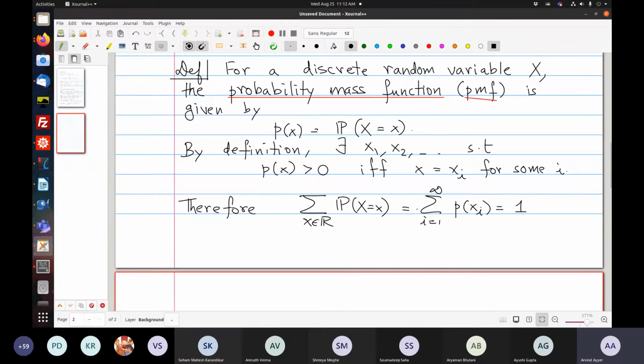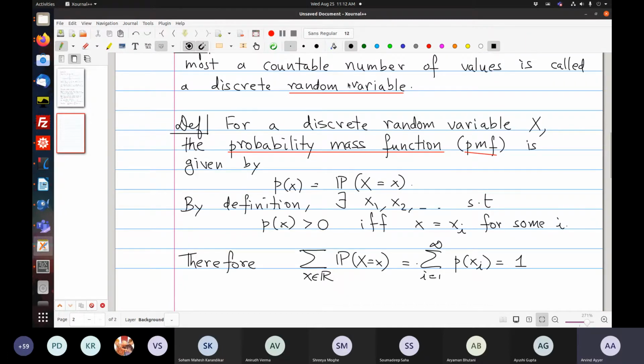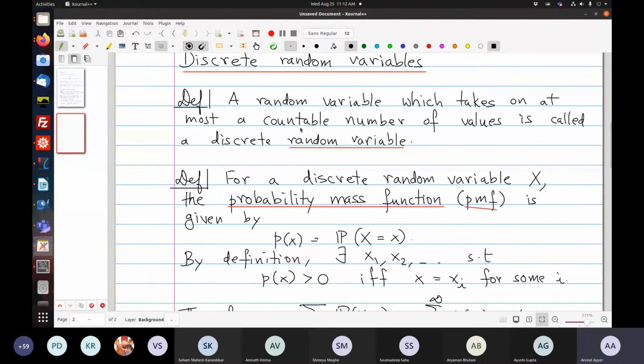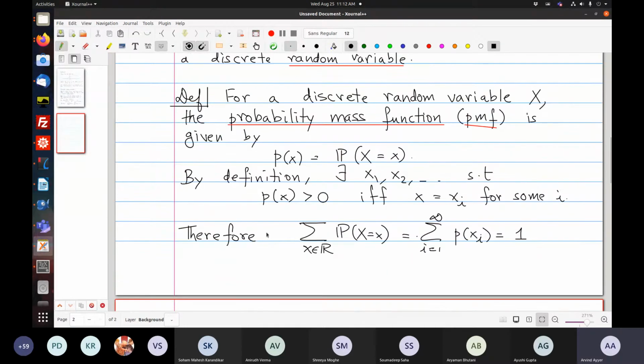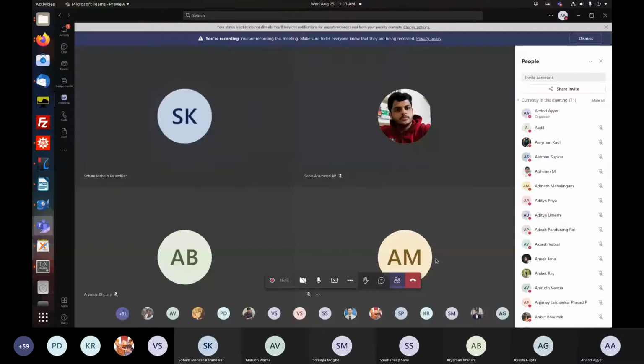But because the discrete random variable takes on at most countably many values, this quantity P of X equal to x, which is again small p of x, is strictly positive only for countably many points. So this sum is really a discrete sum. It's not like a continuous sum, which makes no sense. Okay, yes, I got it.